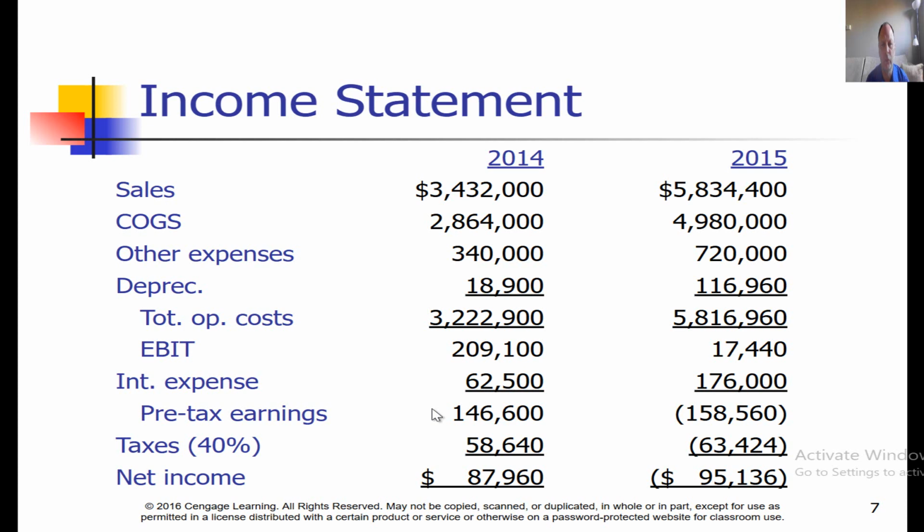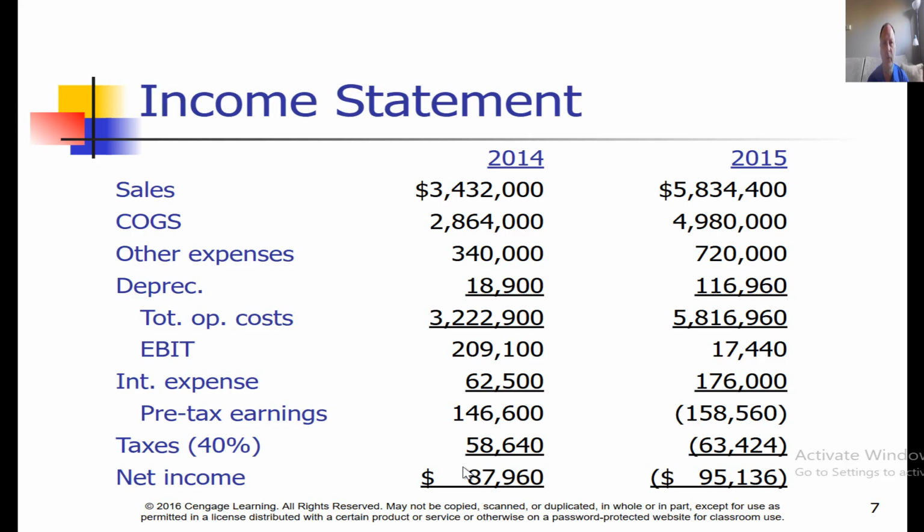This textbook assumes corporate taxes are at 40%. They're probably a little bit lower than that since Trump cut corporate taxes. Now, this would be both the federal plus the state income taxes. You subtract out the taxes from the pre-tax earnings to get net income, which was positive in 2014.